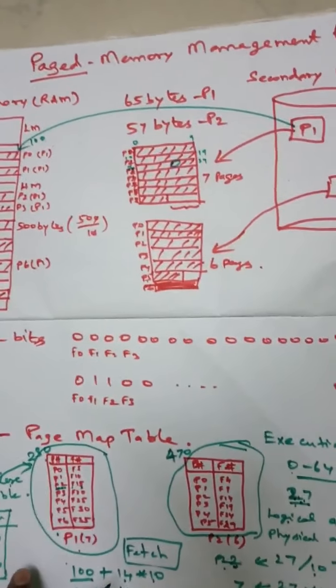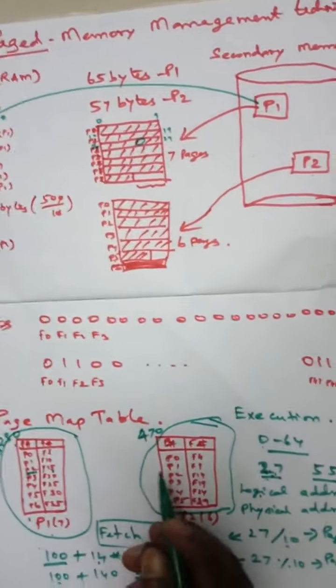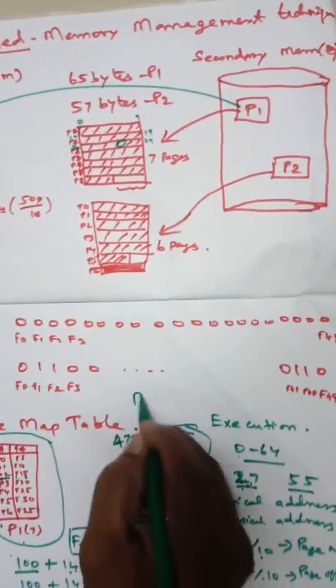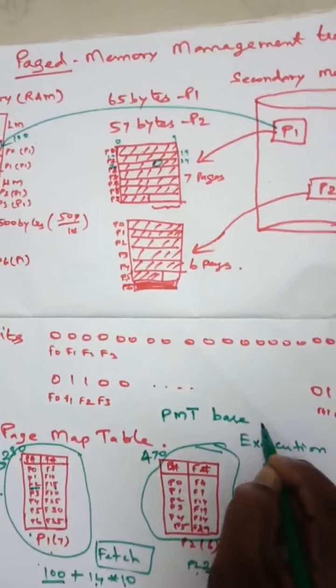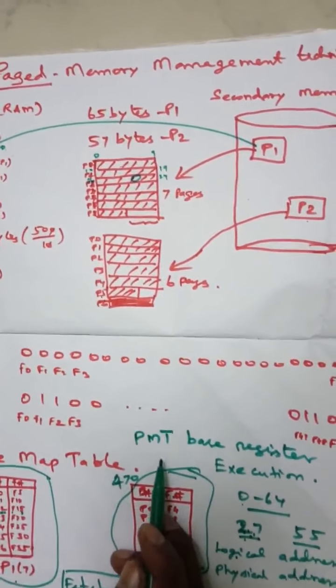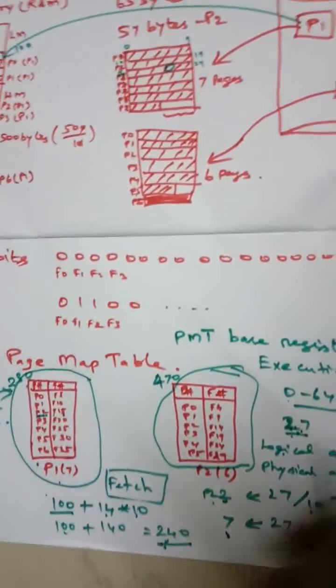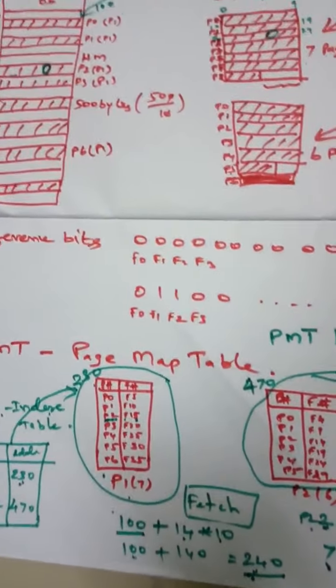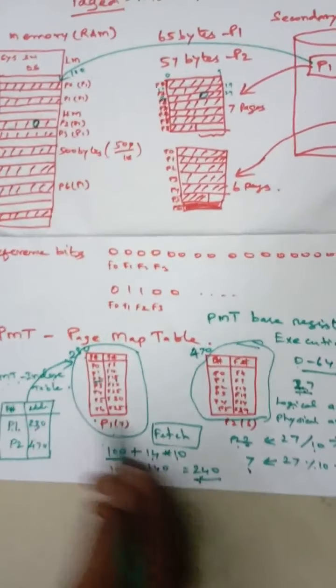Okay. So here one more thing I would like to say. There is a special register, the page map table base register. The page map table base register is one register. In this register, the address of the page map table is loaded and referred.